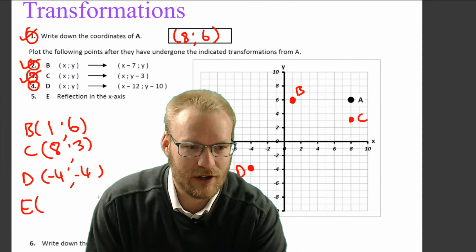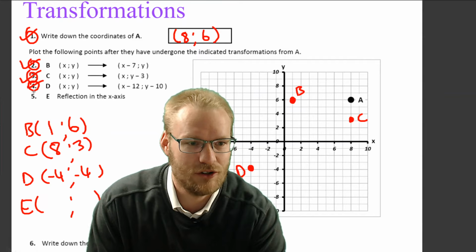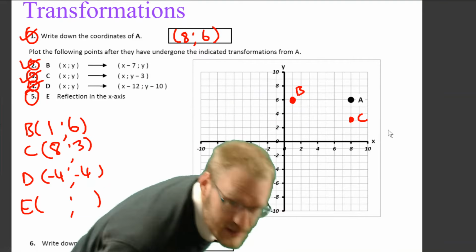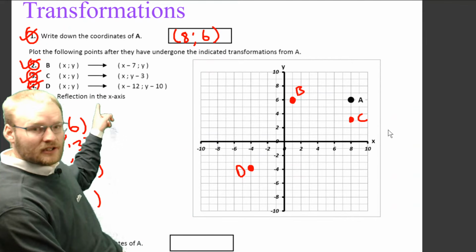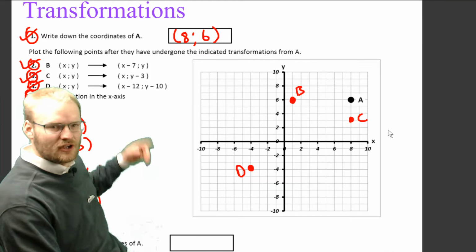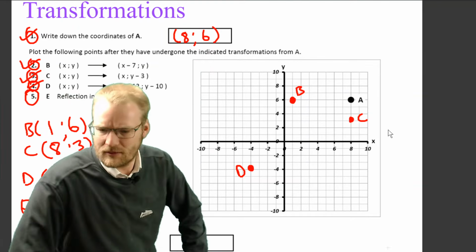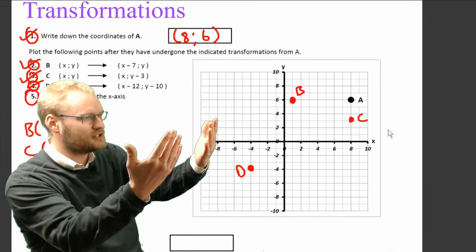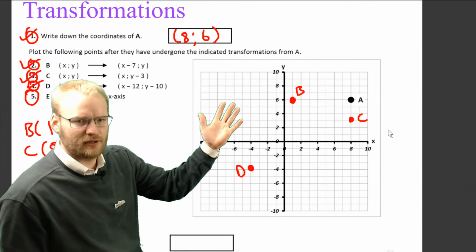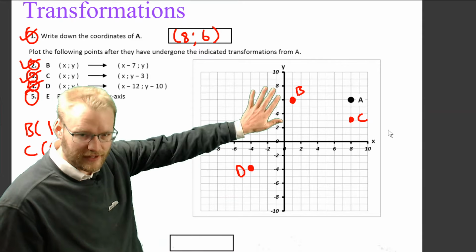Okay, so the last transformation we want to do, the last thing it talks about, says it's a reflection in the x-axis. So reflection in the x-axis, what does that mean? Well, we know what a reflection is, like when you look at yourself in the mirror. Suddenly your hand looks like this one way, and then in the mirror it's reflected.